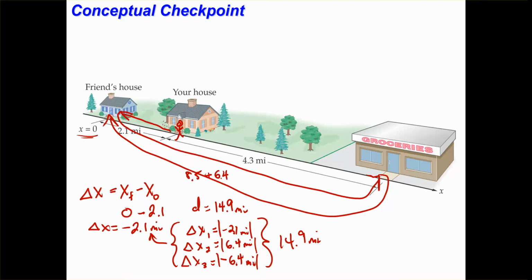The trick is that you need to separate the displacements according to changes in direction. So once you change direction, displacement and distance start to diverge in terms of quantity. So if I just separate each segment of travel and eliminate the changes in direction by taking the absolute value, I will get back to the distance traveled. And that's the way that distance and displacement can connect in a given problem.